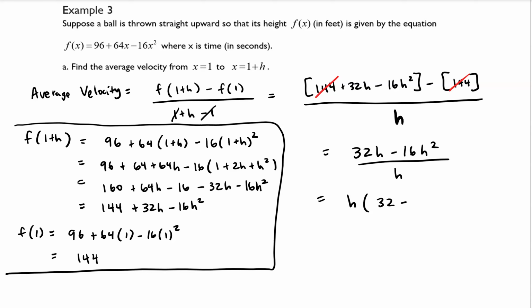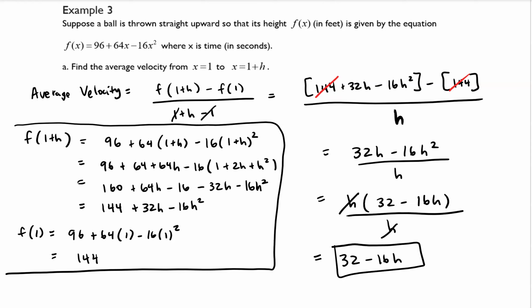And if we do that, we get 32 minus 16h, divided by h. And then this h and this h will divide out. And we did all this work to come up with the average velocity being 32 minus 16h. And so that is the average velocity when you are looking at the interval from 1 to 1 plus h.